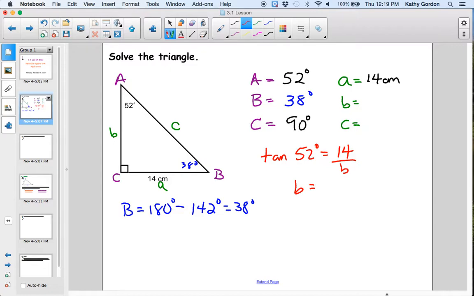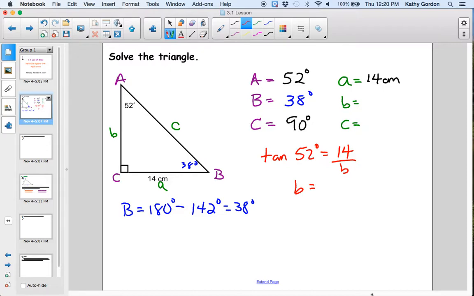What do we get? What'd you get? You multiply 14 times the tangent? No. Because 14's in the numerator. 10.93, right?